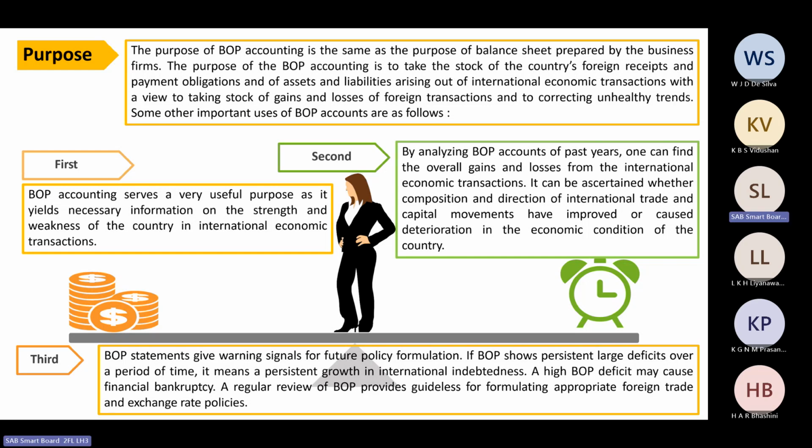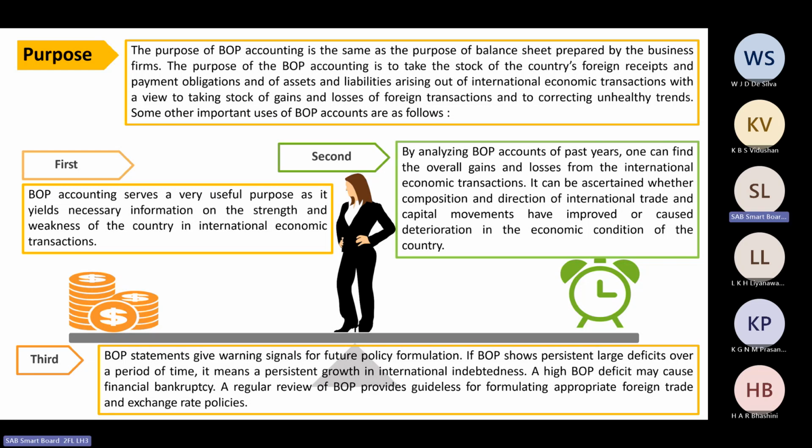So by looking at the balance of payment account, we can decide whether a particular country is strong or weak in international trade transactions. Countries like Russia, China and the USA have a strong position regarding international trade transactions. How can we say that? Where can we take the information to justify that countries are operating well in international transactions?